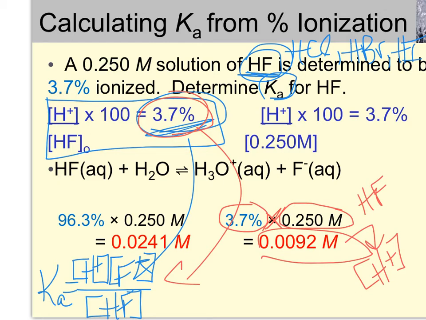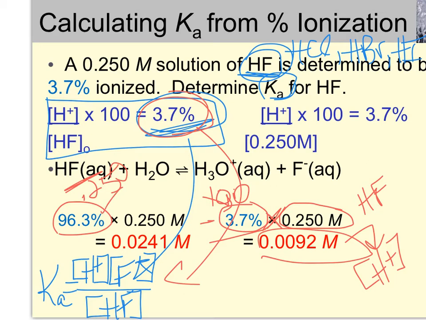Now, what is the equilibrium concentration of the intact acid? We know the original concentration is 0.250, but what is the equilibrium concentration? Well, if 3.7% of the original intact acid was ionized, that means that 96.3%, that's 100 minus 3.7, is 96.3%.